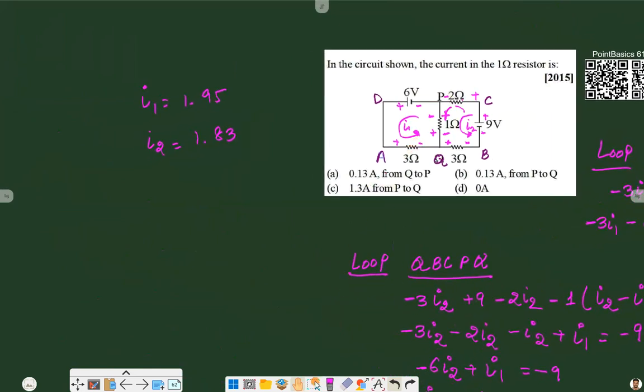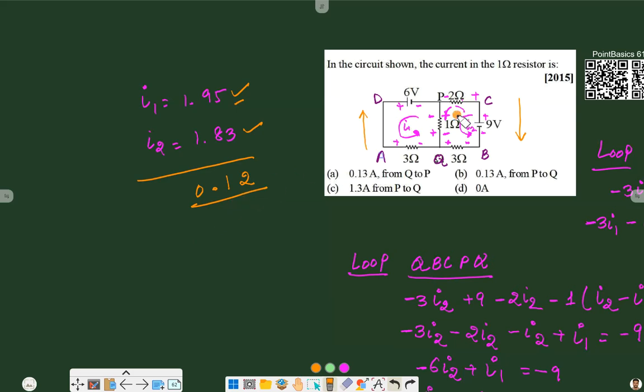We have to find the direction of the current in PQ. For PQ, I1 is going up and I2 is going down, and we know the value of I1 is greater than I2 by 0.12 ampere.